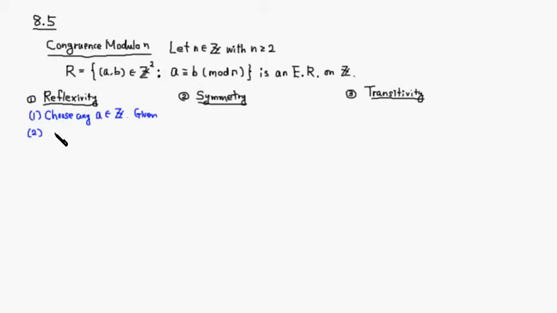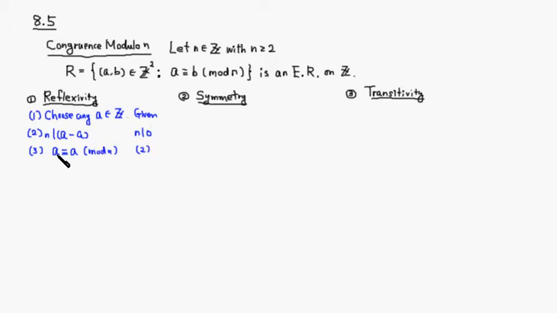Let's look at a minus a. a minus a is 0, so 0 is certainly divisible by n. So n divides 0, therefore n divides a minus a. By definition, a is congruent to itself mod n. That comes from line number 2.